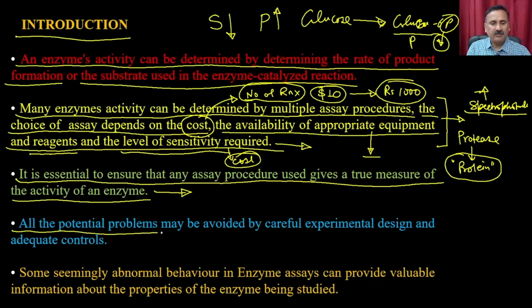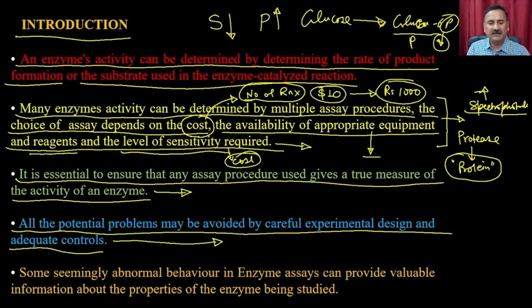All the potential problems may be avoided by careful experimental design and adequate controls. When you are trying to develop enzyme assays, you are going to have two reactions. Reaction 1 is going to be the blank, or control, where you have everything except the enzyme. Then reaction 2 is the test reaction.